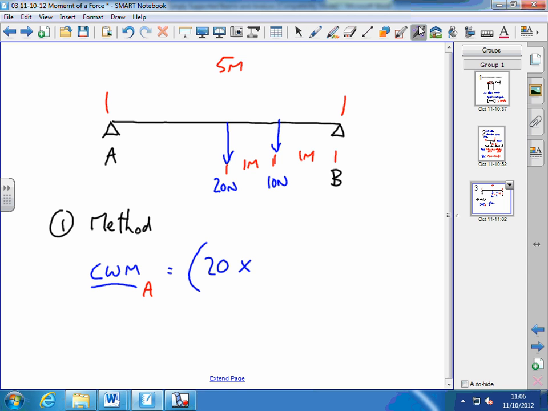So if this distance here is 1 meter and that's another meter is 2, 5 meters altogether, this distance here must be 3 meters. Okay, so times 3 meters. That's the contribution for the 20 Newton force, if you want to label that. That's a 20 Newton force. That's 3.